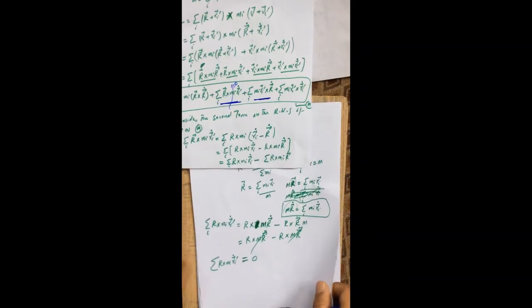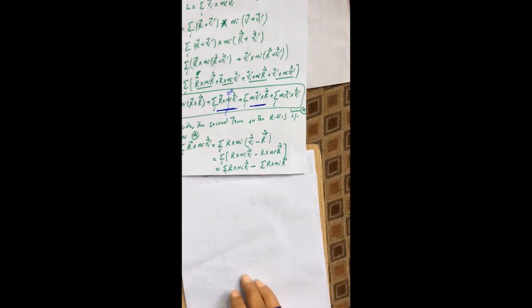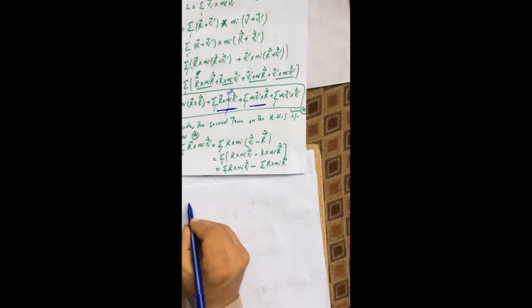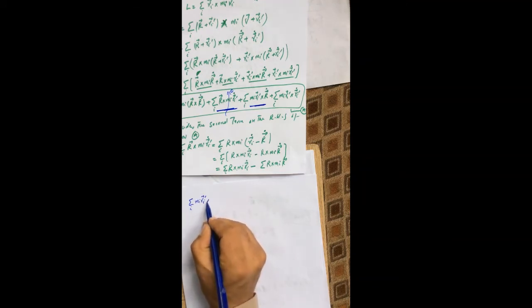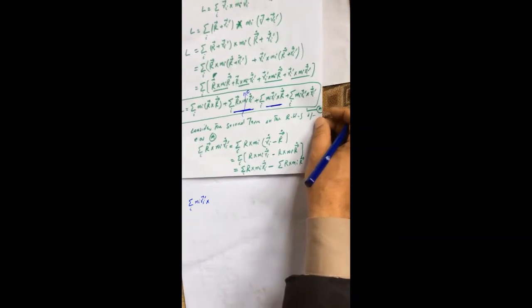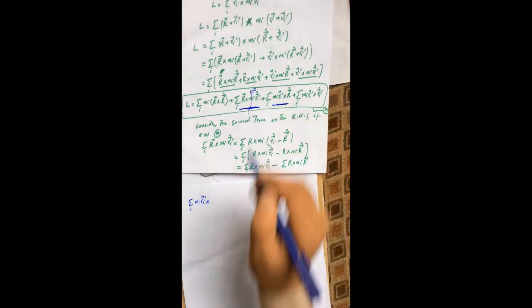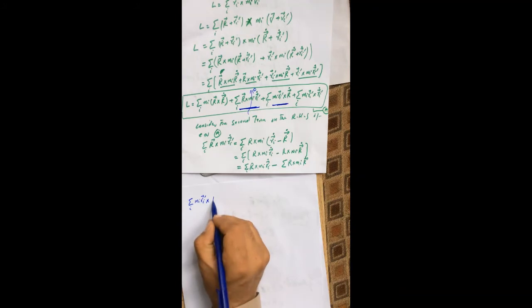So next consider the third term, which is the third term in this equation A is sum over I mi ri prime cross, we have this term R, capital R dot. Okay.